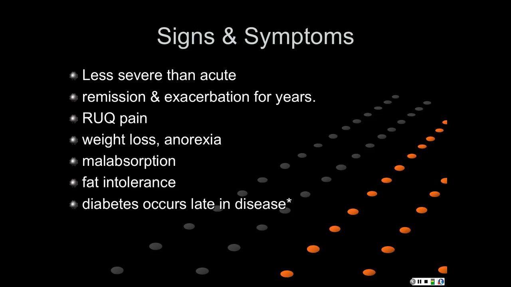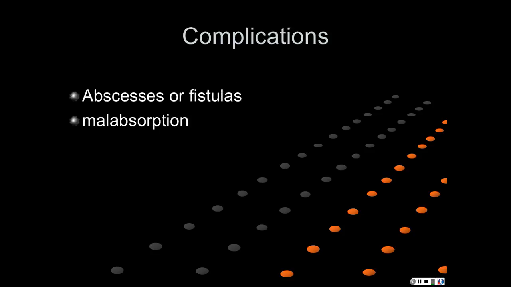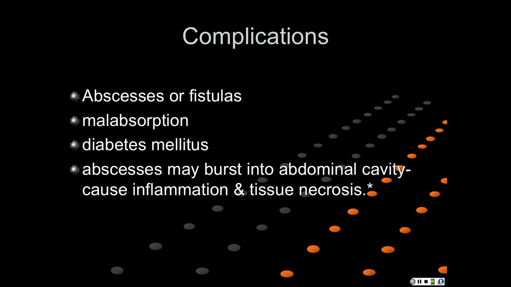Eventually, they may end up with diabetes because production of insulin is also affected. Complications may include abscess or fistulas because of that inflammatory process, malabsorption issues, diabetes mellitus. They may end up with abscesses in the abdominal cavity.